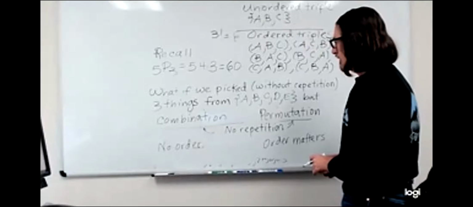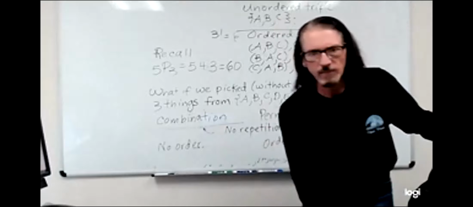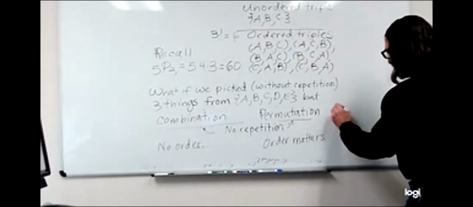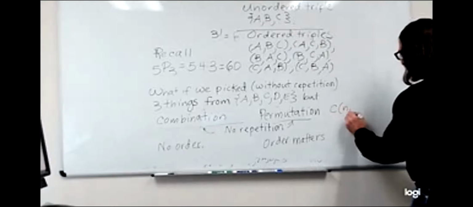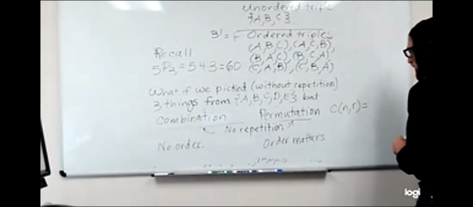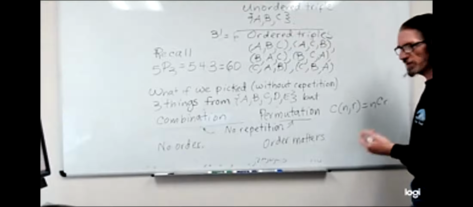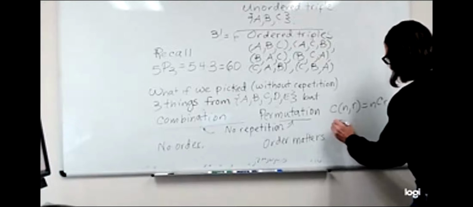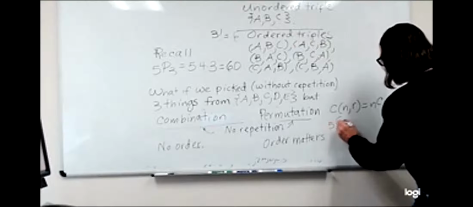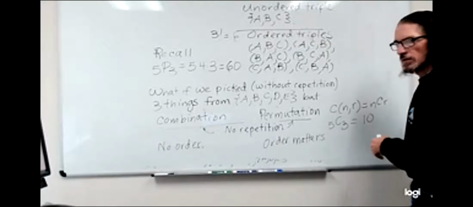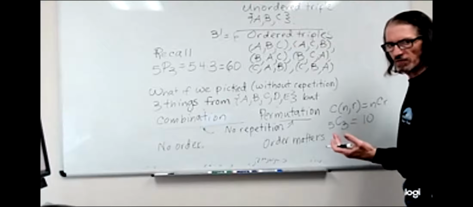Okay, so what we have just found out then is that the number of combinations is written in some textbooks as CNR, or in others NCR, which is the way it shows up on the calculator. We have found out that 5C3 is 10, and there's a formula involving the factorials.